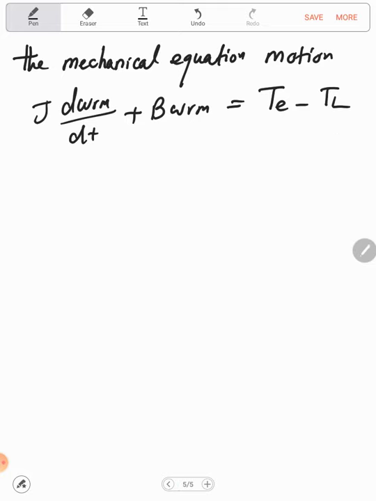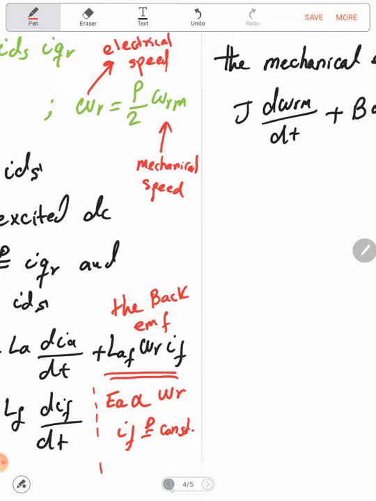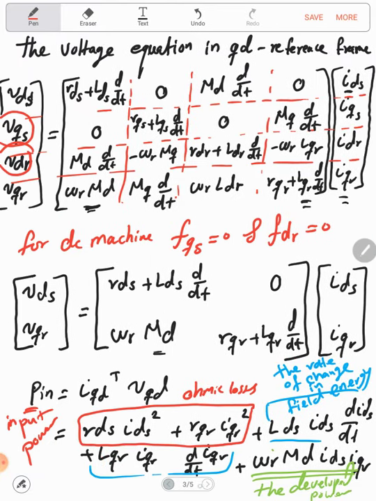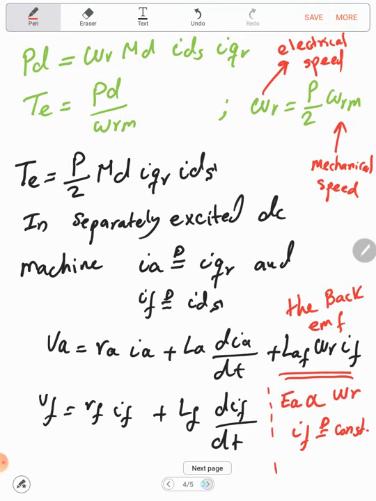And this is the load torque. And this is the electromechanical torque, Te, which we already found to be Te equal to P over 2 md IQR IDS.